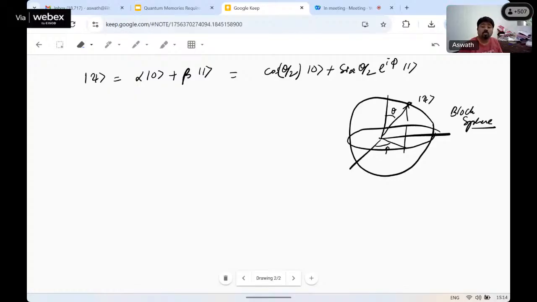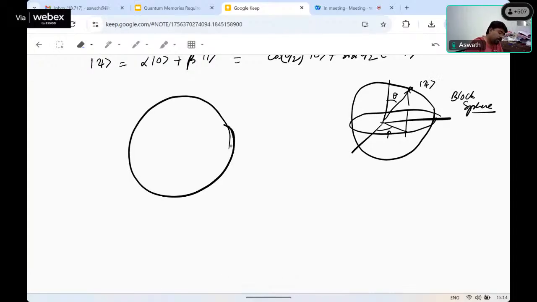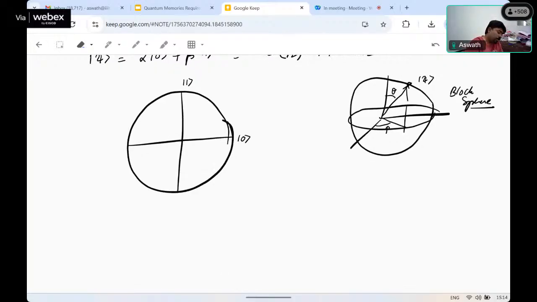Now this same thing can also be put on a two-dimensional unit circle. You can put a quantum state representation on the surface of a sphere, and you can also do it on a unit circle. Let's say on the unit circle I have 0 ket, I have 1 ket, and then minus 1 and minus 0.